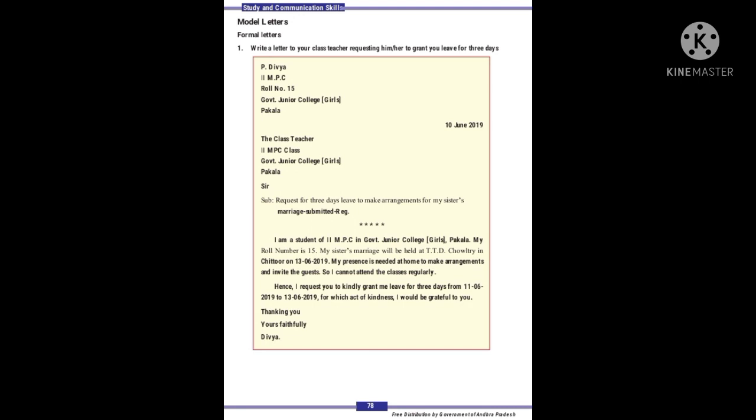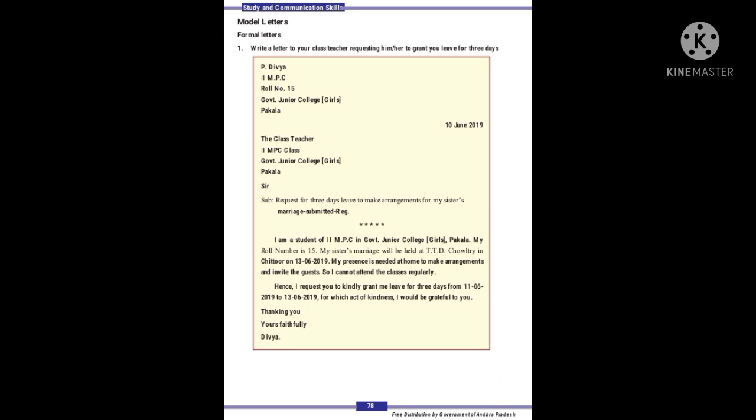This is the standard way to write date. It could also be written below the sender's address on the right hand corner. Then leave a line, again write the receiver's address.